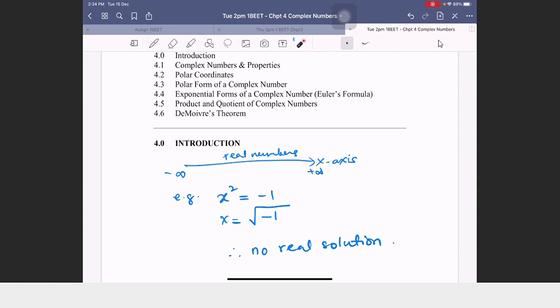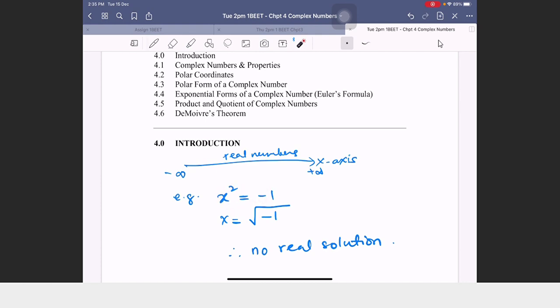So there is no number you can square to get -1. Previously, this is where we would say no real solution. So what mathematicians did, a long time ago perhaps, was invent what we call a complex number to take care of this type of equation.